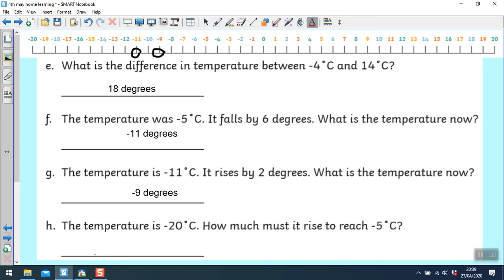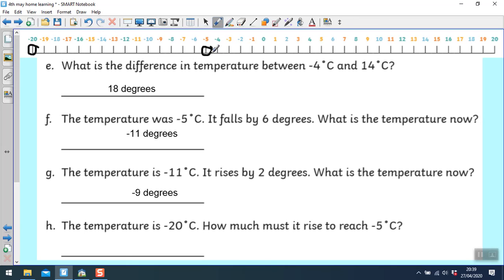And the last one, the temperature is negative 20. How much must it rise to reach negative 5? So it was negative 20. What must it rise by to get to negative 5 in the end? So how much is there between negative 5 and negative 20?